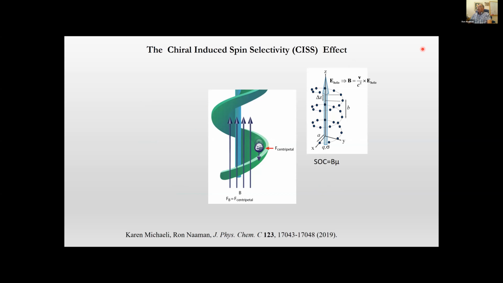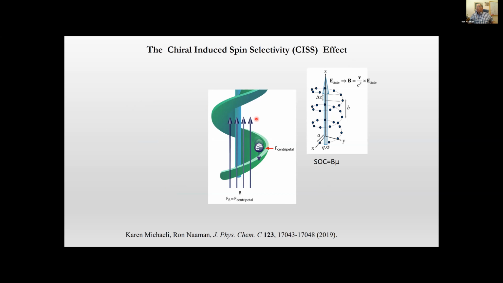So if you consider electron transmission through chiral molecules, the simplest way to think about it is a helical potential, an electron going down this helical potential. This is a one-electron picture.